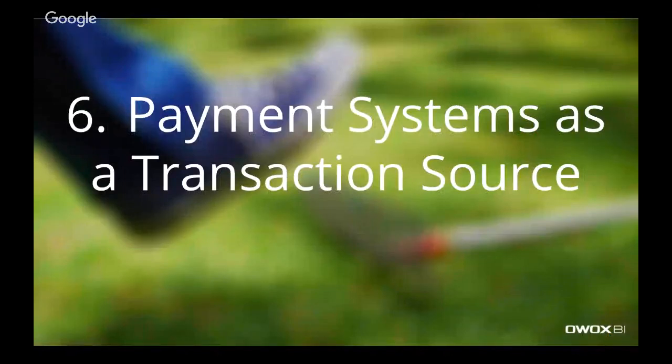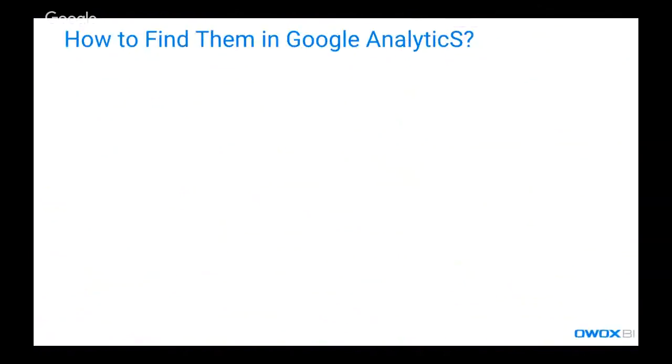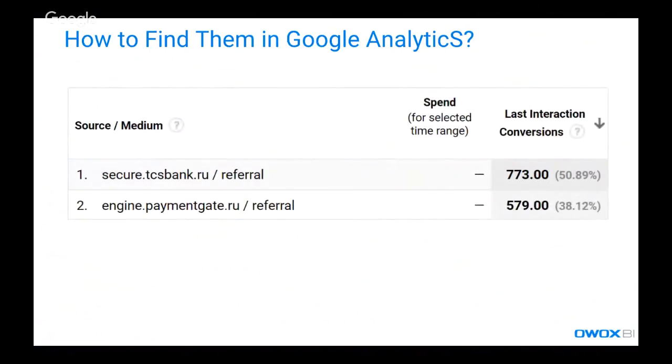The next topic we will talk about is the payment system as a transaction source. Why is it important? Because you need to understand the real source of your transactions, and if you see in the source/medium report transactions attributed to your bank or payment system, it can give you wrong information.